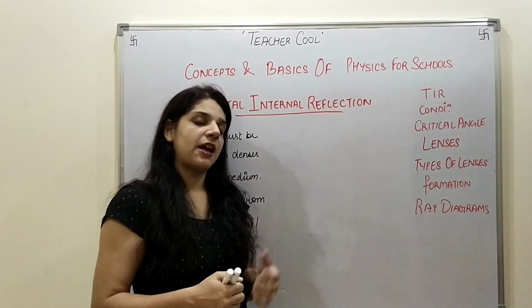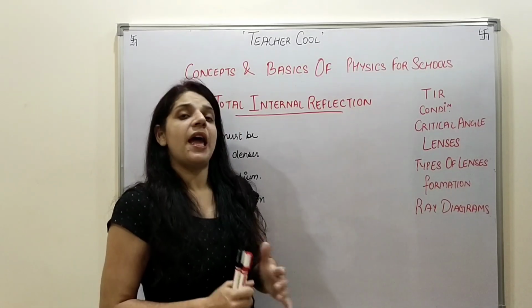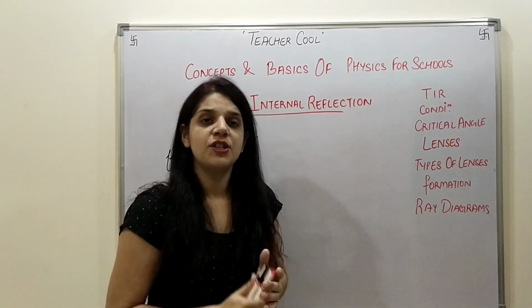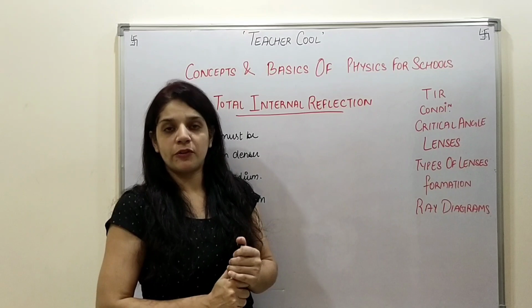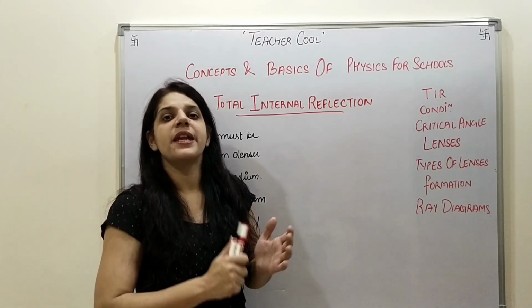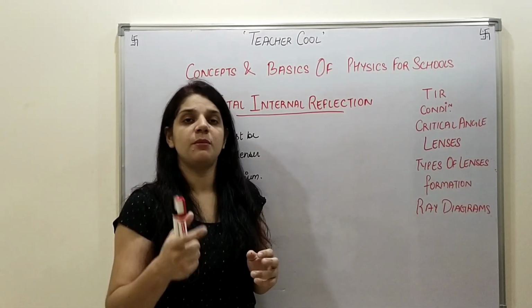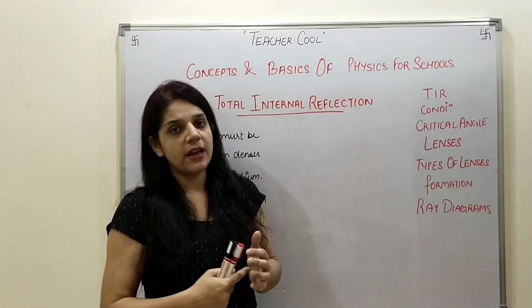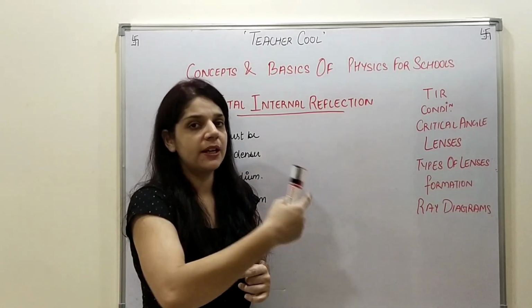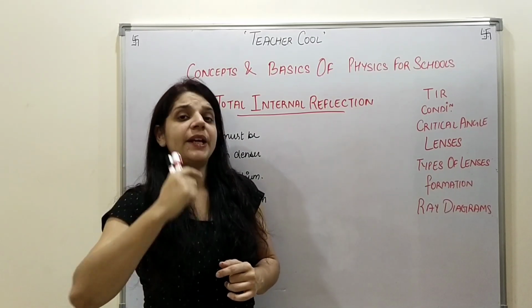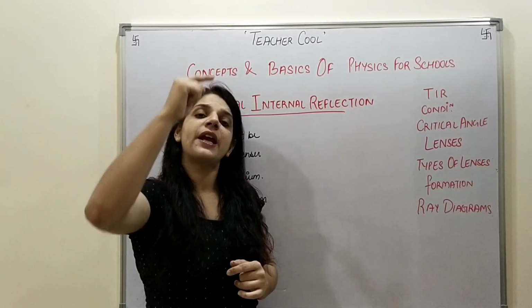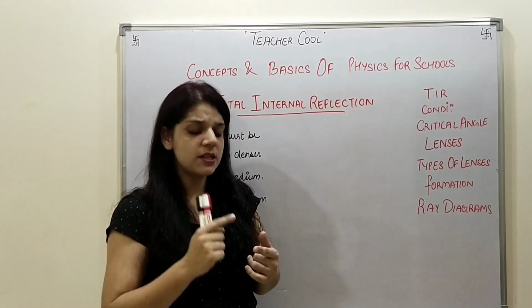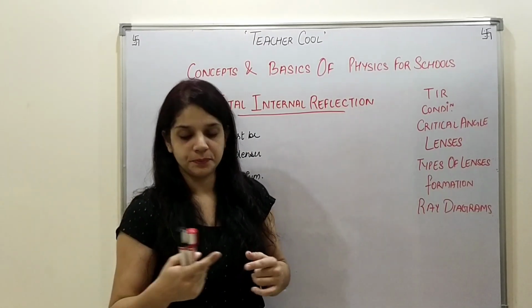Or in other words, critical angle is the largest angle for which a ray can escape from a denser medium to the rarer medium. If we increase the angle of incidence beyond the critical angle, 100% of the ray will be reflected back and 0% will refract.